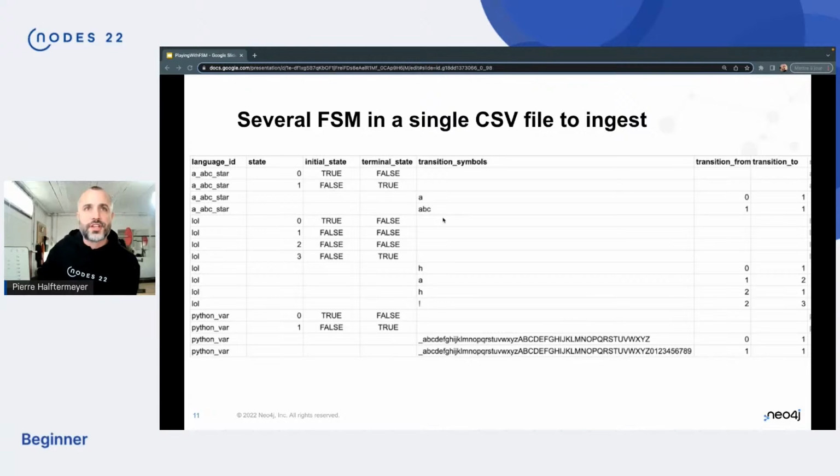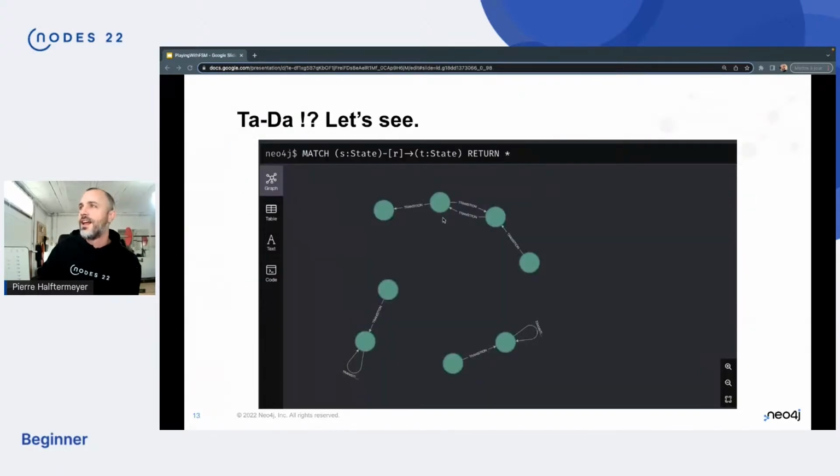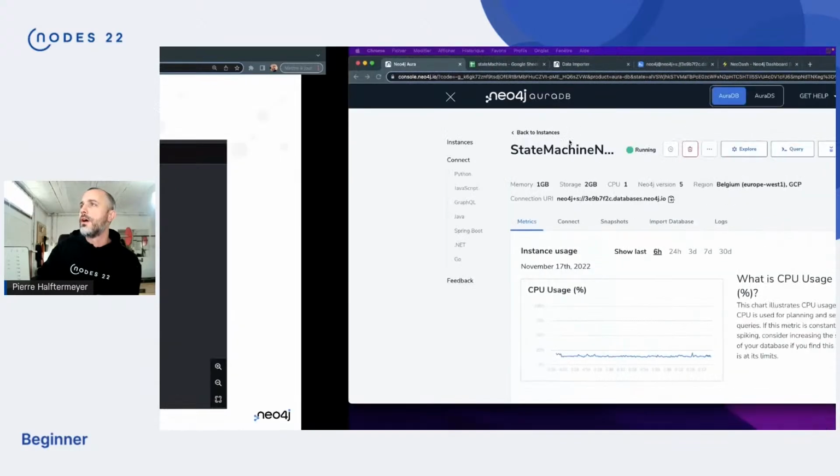So we are ready to ingest. To ingest, we can use the Neo4j Data Importer. It's an awesome tool if you want to prototype a database very fast, so you should use it. And tada, let's see if it works.